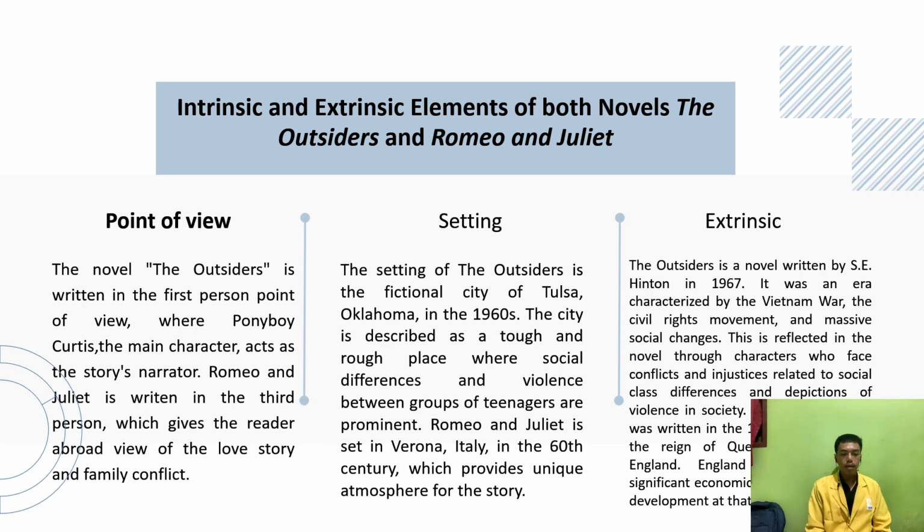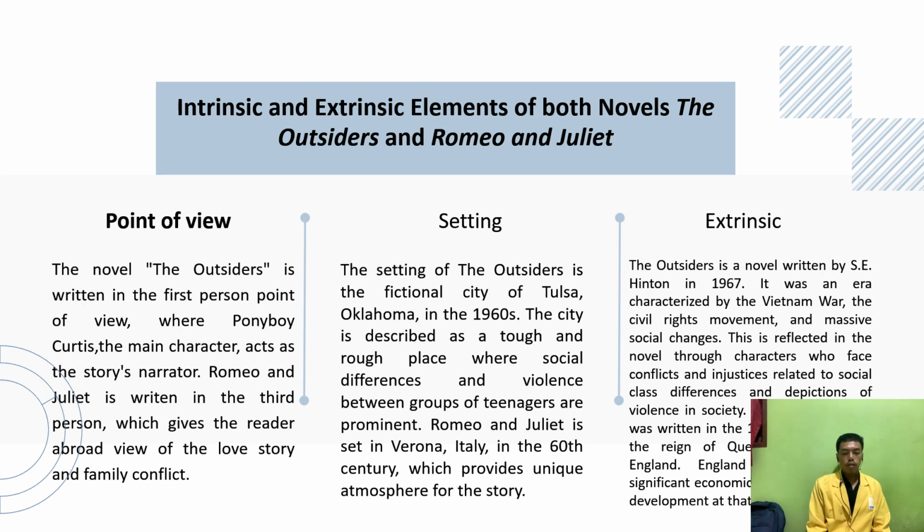The setting. The setting of The Outsider is the fictional city of Tulsa, Oklahoma, in the 19th century. The city is described as a dark and raw place where social differences and violence between groups of teenagers are prominent.